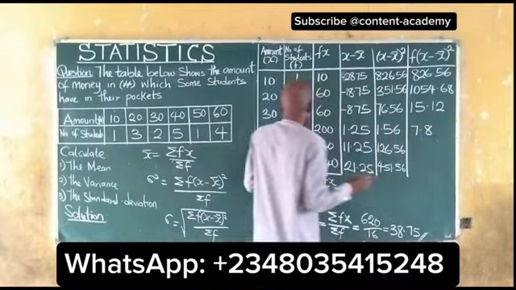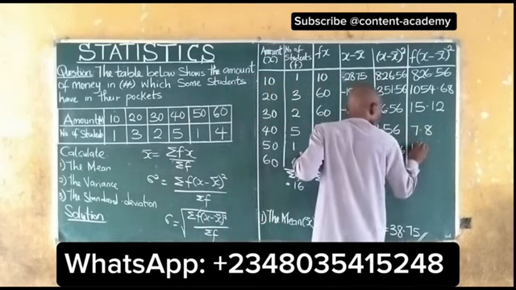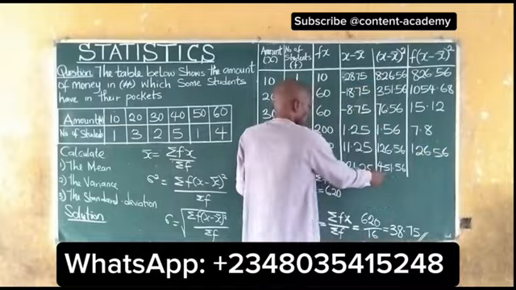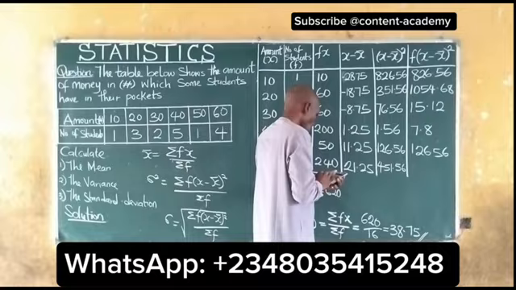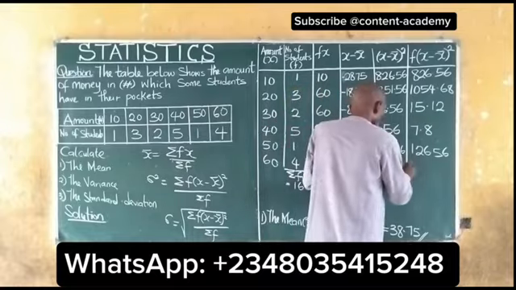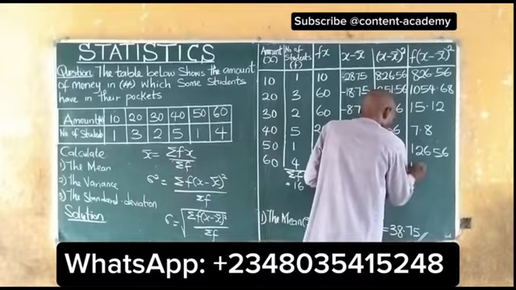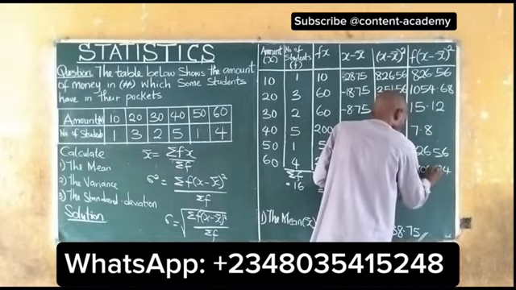And we have 1 multiplied by 126.56, we have 126.56, and we have 4 multiplied by 451.56, so we have 1806.24.